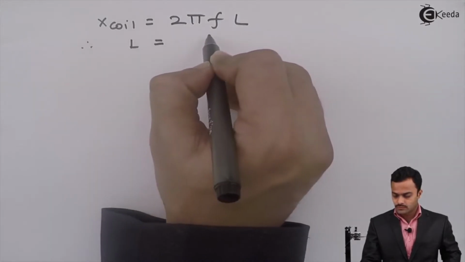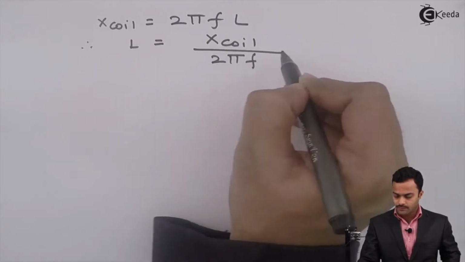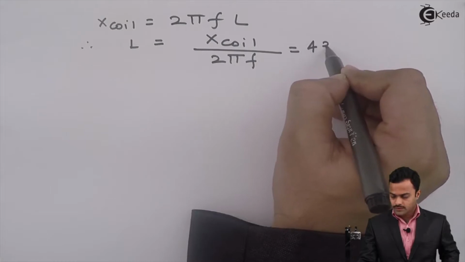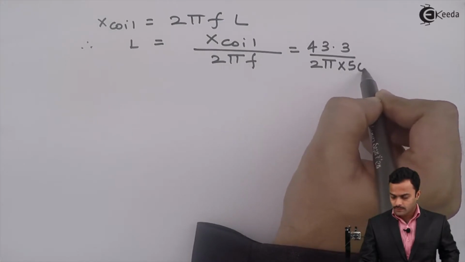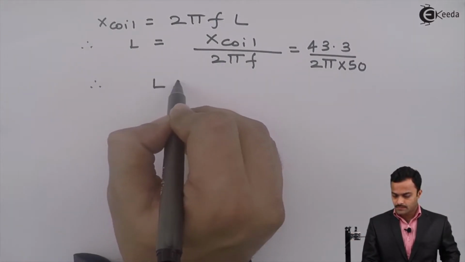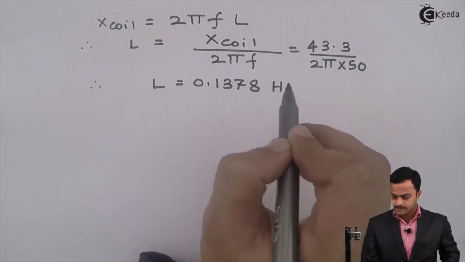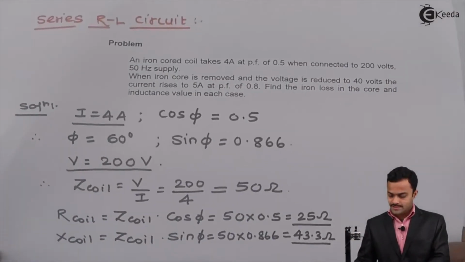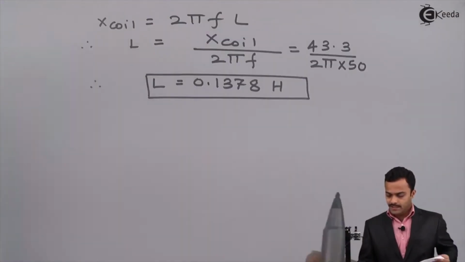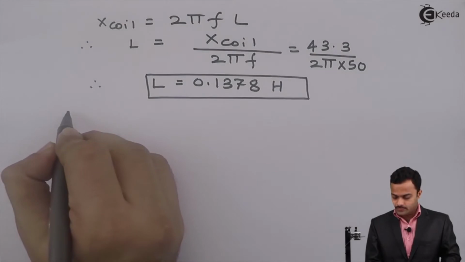That leaves L equal to X coil upon 2 pi F, which is equal to 43.3 upon 2 pi multiplied by 50. So L I am getting 0.1378 Henry. So when core is there, I am getting inductance value as 0.1378. Let's go to the next part where core is removed.